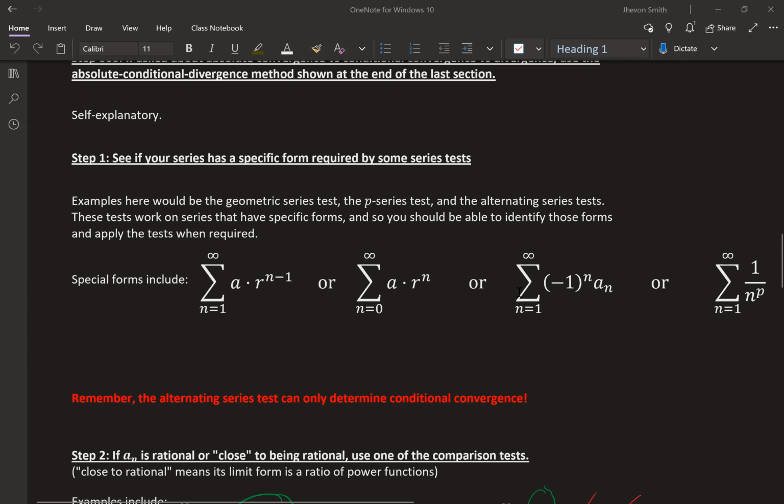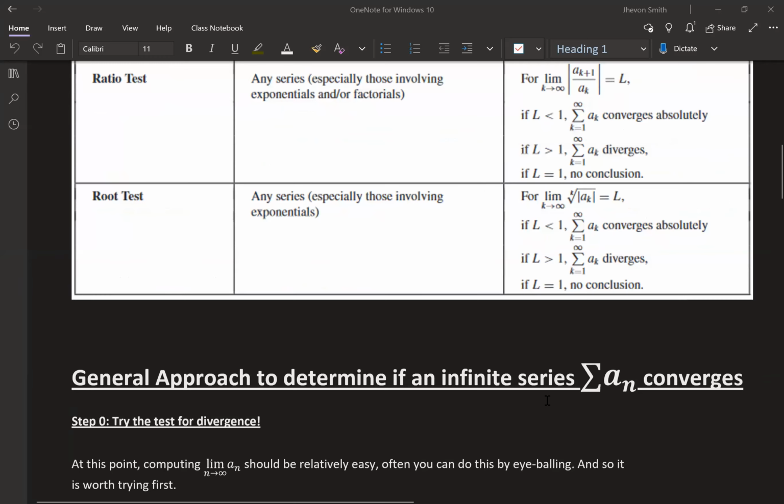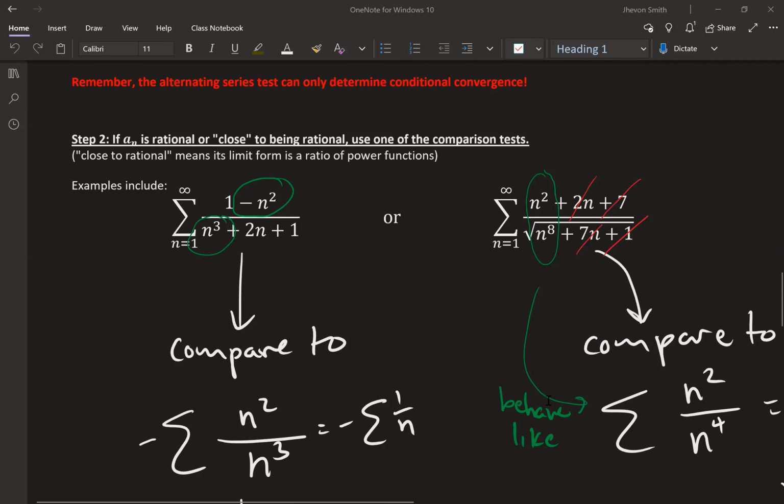These are the geometric series, the alternating series, and the P series. These all have special forms associated with them. Once you can see the special form, or you can algebraically manipulate it to force it into one of these special forms, you can just use what this table says about those to determine that they converge.